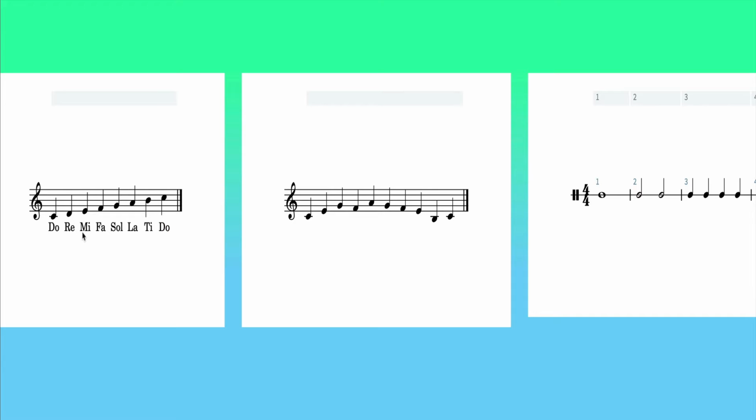Okay, so that's our basic scale there, and you get used to it by just singing the scale. Do, re, mi, fa, sol, la, ti, do. I'm sorry. I promise I'll try not to do that very much at all.